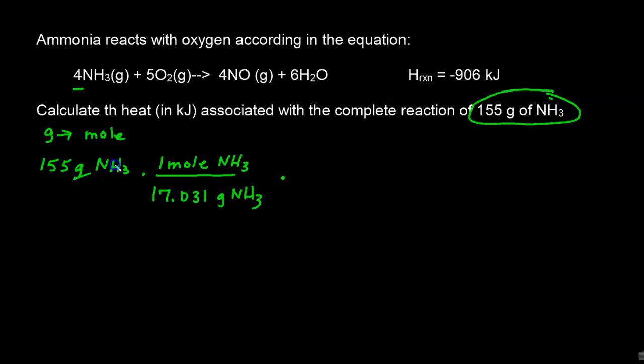Now, next step, we've got moles, and we know that only 17 grams is 1 mole. Well, we have 155 grams, so we're obviously going to have more moles than just 1. But we're looking for the heat energy that is associated with this. And so I now know that for every 4 moles of ammonia, I'm going to get a negative 906 kilojoules.